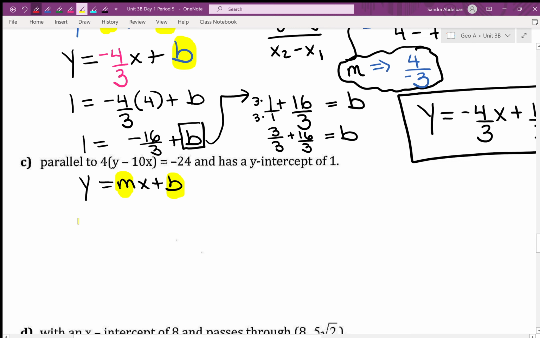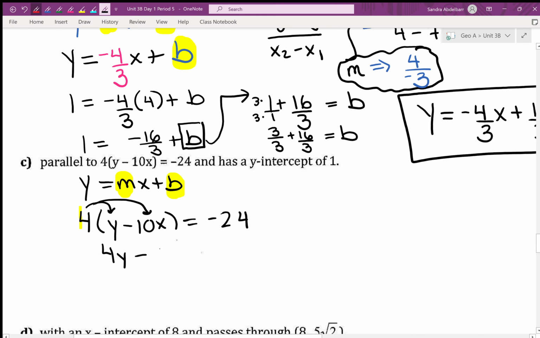And then I'm going to write down 4 times the quantity of y minus 10x equals negative 24. I need to make this look like y equals mx plus b. What are your suggestions on how we're going to do that? We need to get y by itself. Allie? Sure, we could start off by distributing the 4 if you want. So we're going to say 4y minus 40x equals negative 24.